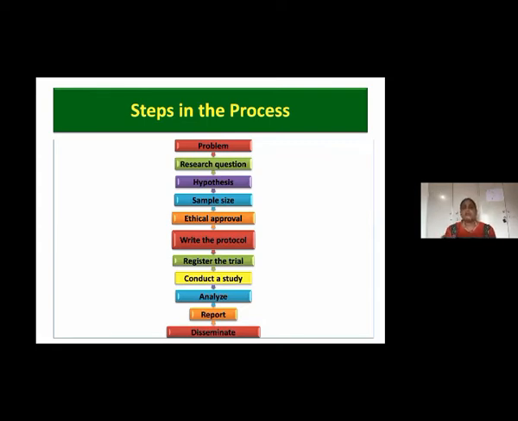So what have you done? You have just had a problem in your mind, that is thrombocytopenia in patients with dengue. You have to convert it into a research question, which we will discuss right now. You want to then formulate a hypothesis, find out how much sample you need, get an ethical approval, write a protocol, register the trial.